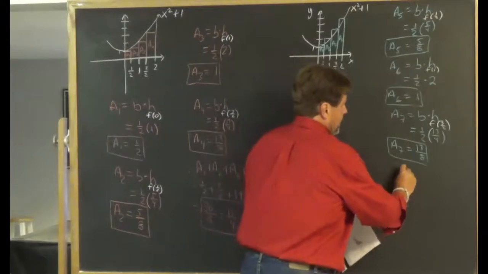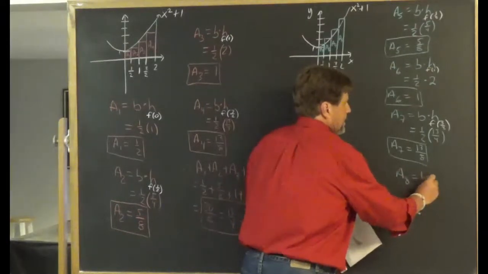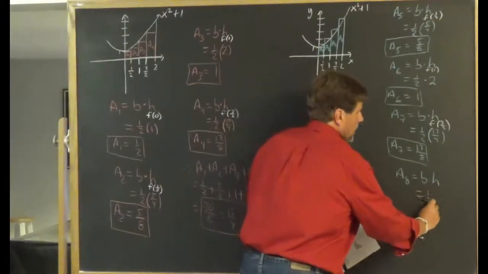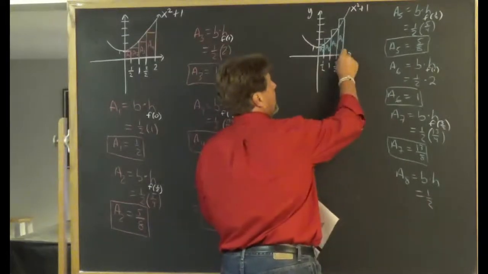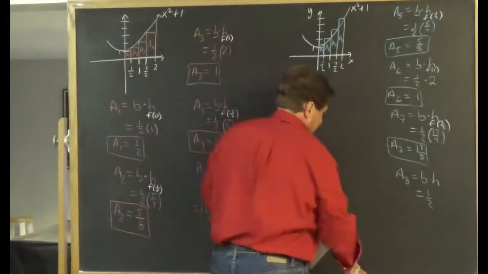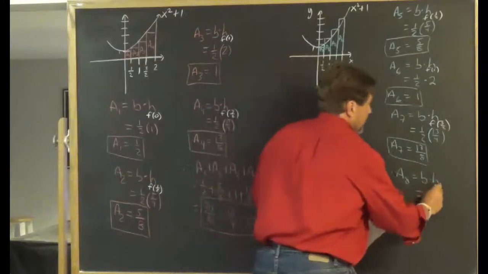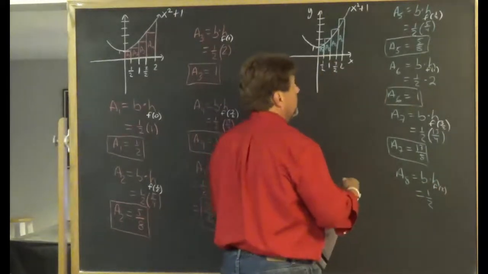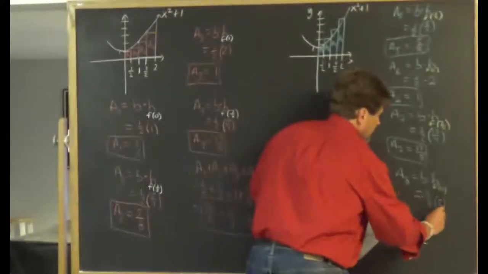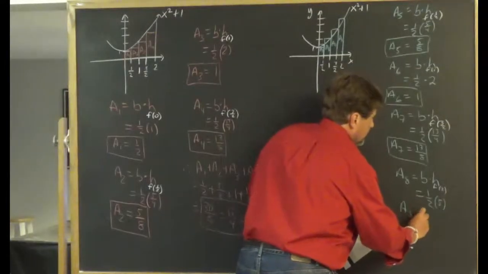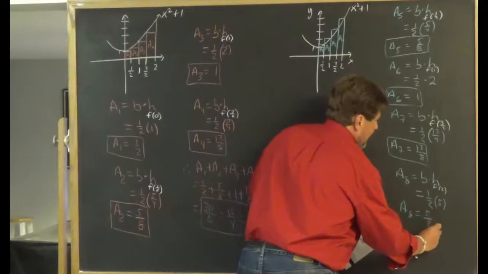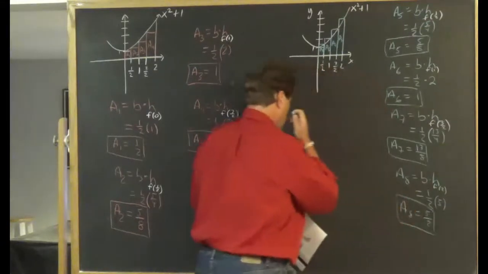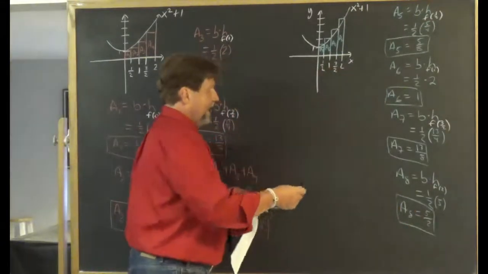And finally, rectangle 8. Base times height. We know the base is 1/2. The height is found by evaluating the function at the right endpoint of the subinterval. So that's f of 2. F of 2 is 5. So rectangle 8 has an area of 5/2. So we add these together.